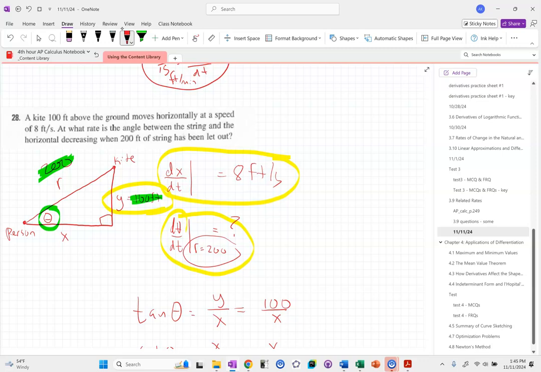Other questions from homework? These are probably the two hardest ones, yeah? Okay. Well, for the remaining 60 minutes or so, I have a handout containing more related rates problems for you to practice in class.